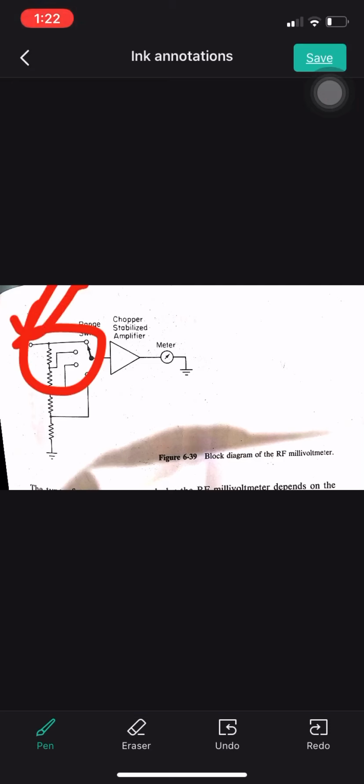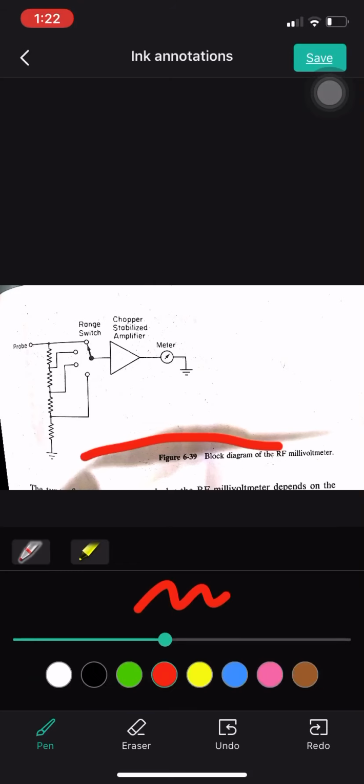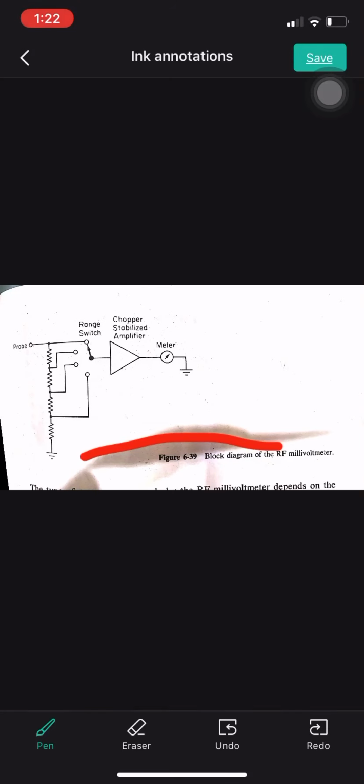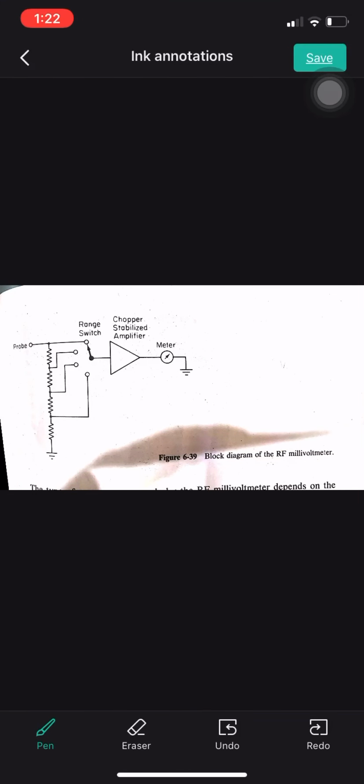The kind of probe determines whether it is going to measure the RF power or the RF voltage. The next figure I am going to show you will clearly indicate how the probes are going to be used here.